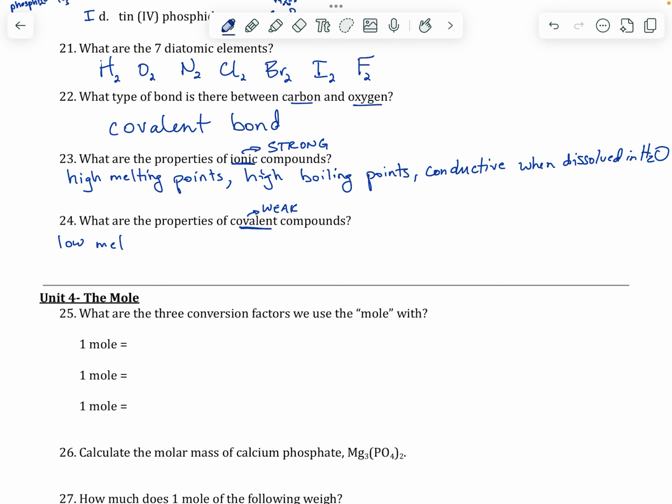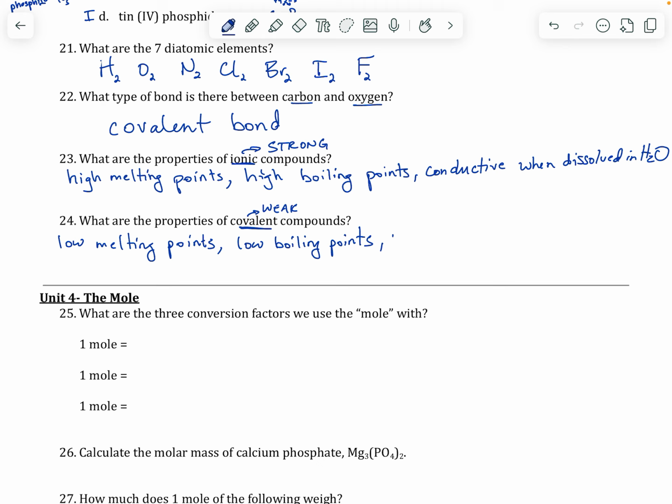So this would be low melting points. There'd be low boiling points. So it was a lot easier to melt the sugar than it was the salt, right? Because the salt didn't even begin to melt, but the sugar melted fairly quickly. So that's what we're talking about there.